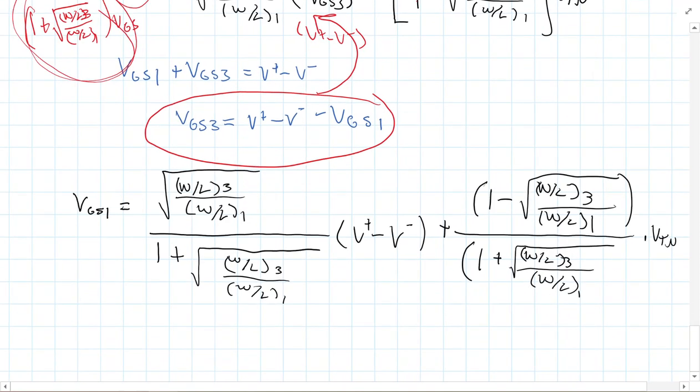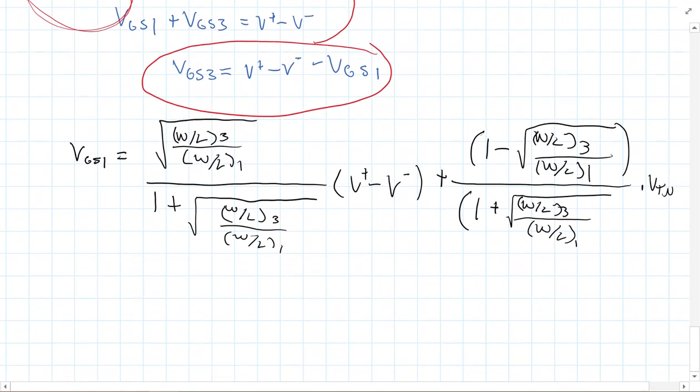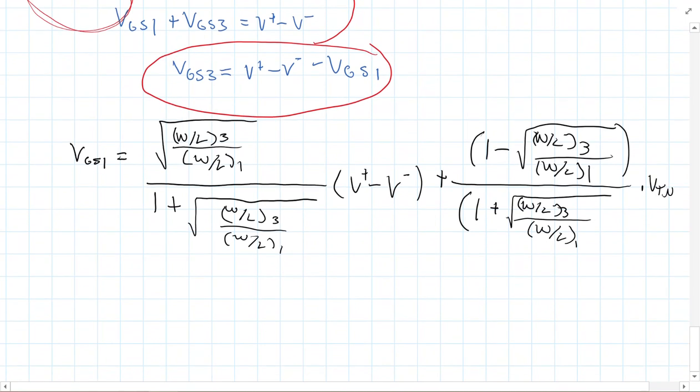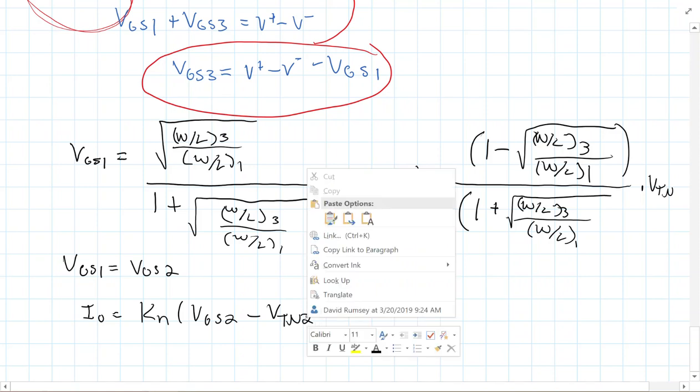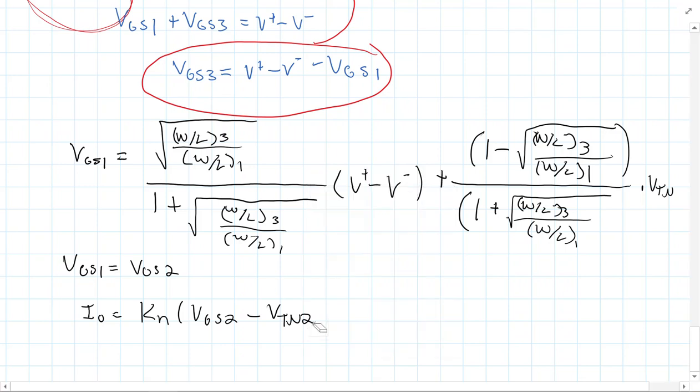So pretty ugly, but this is the equation we wind up with. Since we know what VGS1 is, remember that VGS1 is equal to VGS2, and that I out is simply Kn times VGS2 minus VTN, and we're assuming all of the TNs are the same, squared.